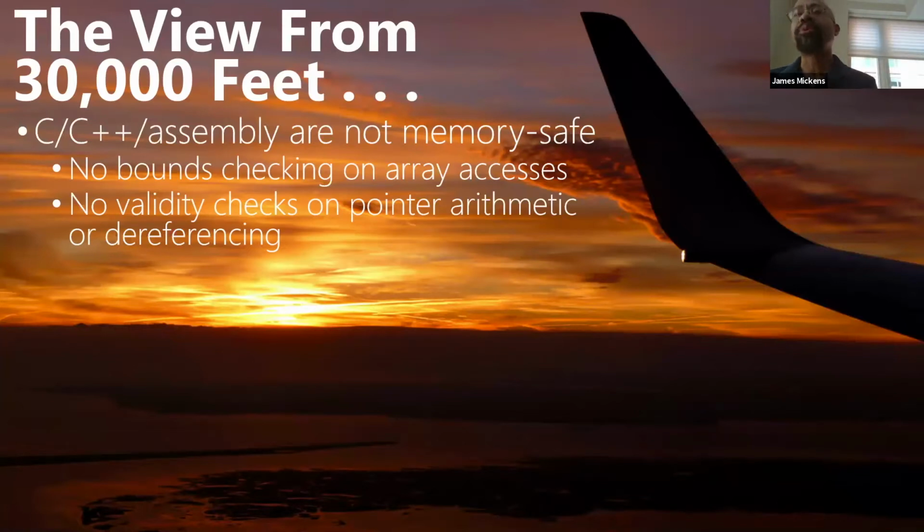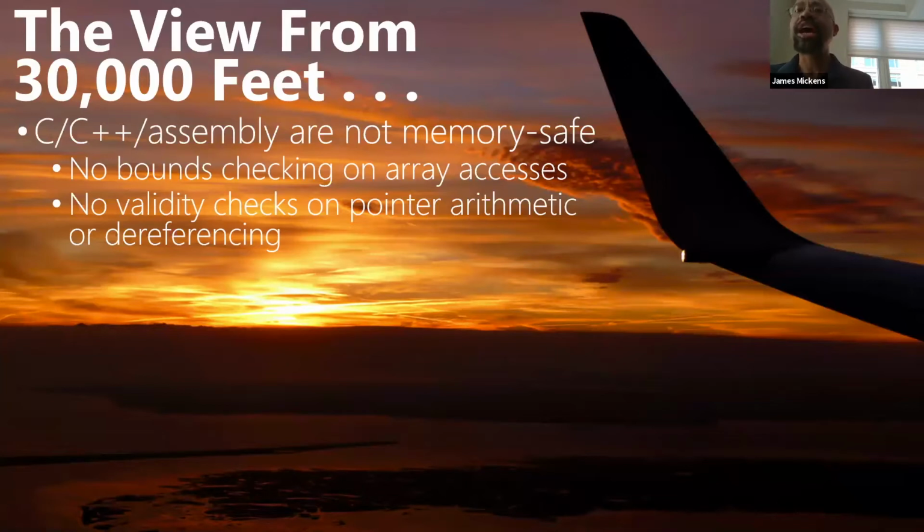You can access an array out of bounds, and C or C++ or raw assembly will let you do that. There are also no validity checks on pointer arithmetic or dereferencing. If you want to dereference a null pointer, go live your life. That's basically C and C++'s approach. If you want to perform an inappropriate cast from some non-pointer type to a pointer type, these languages allow you to do that kind of thing.